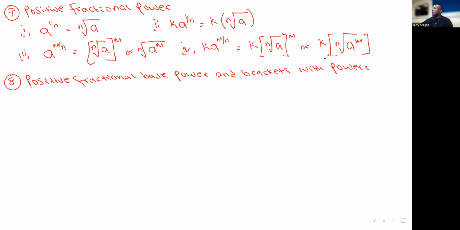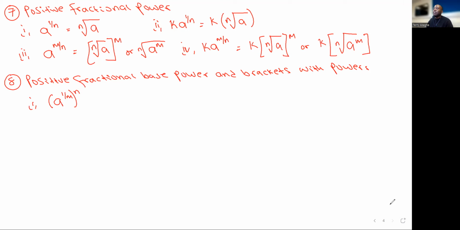So in this case, we are having a positive fractional power and brackets with power. Let's look at an example. We have (A^(1 over M)) to the power N. So it's a positive fractional base power and brackets with power.